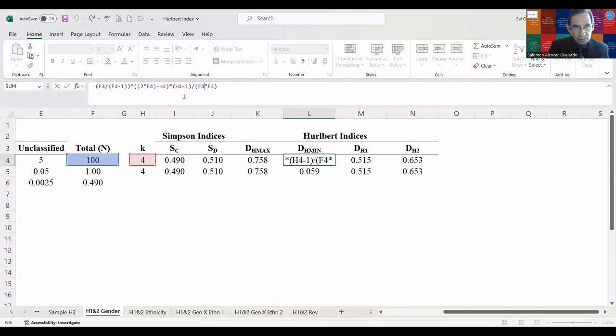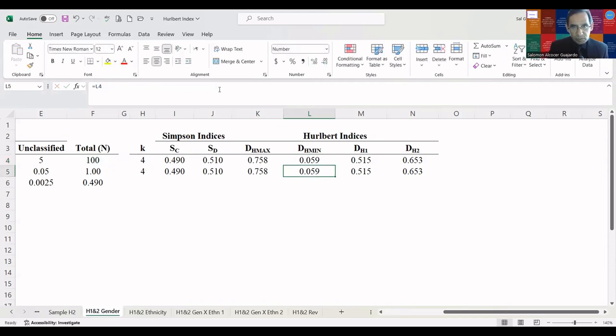So that long formula gives me the minimum value. In this case, the formula reads as parentheses F4 divided by parentheses F4 minus 1 and parentheses times parentheses 2 times F4 minus H4 and parentheses times parentheses H4 minus 1 and parentheses divided by parentheses F4 times F4 and parentheses. So the minimum score is 0.059.